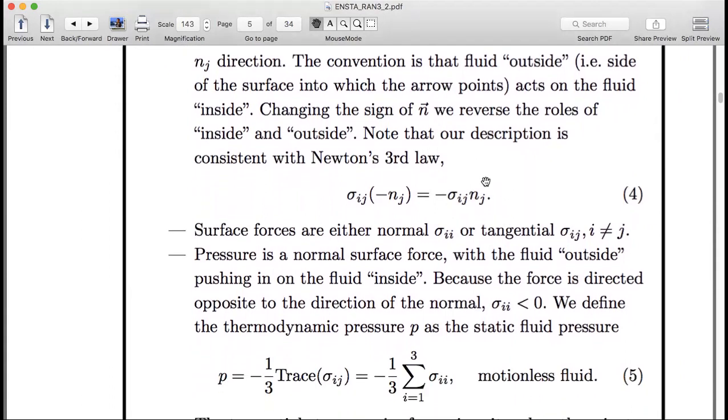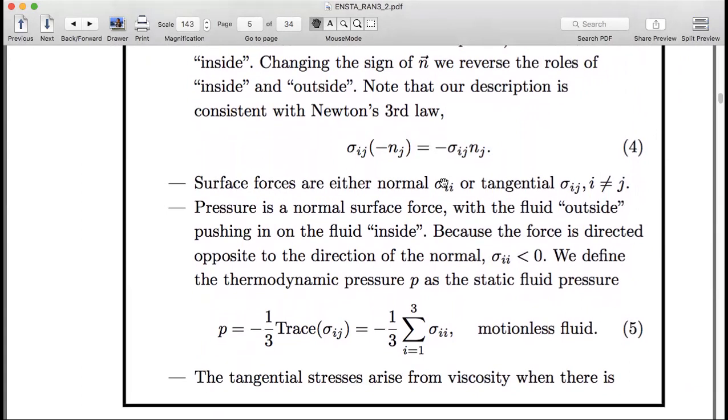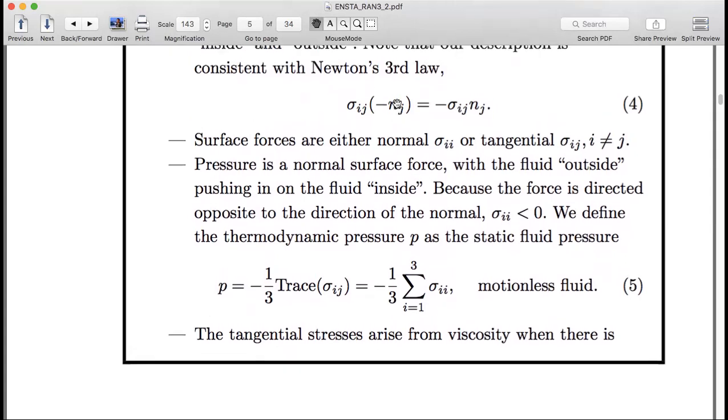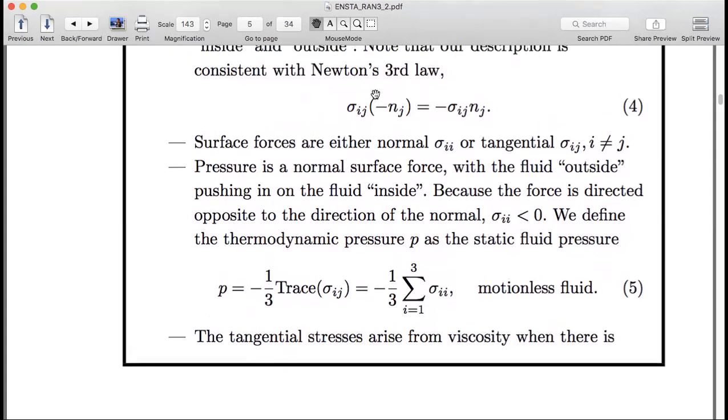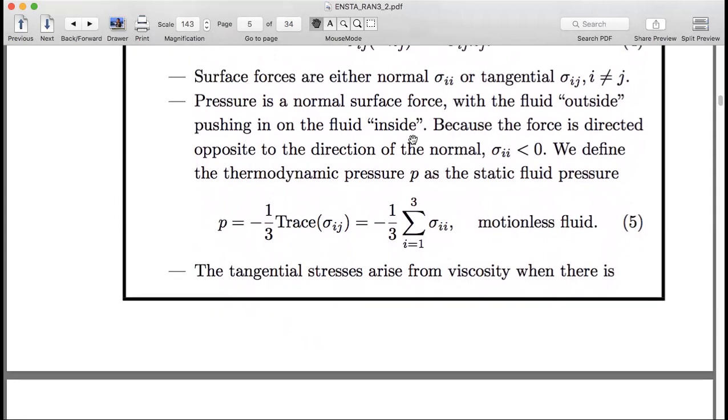Our description was consistent with Newton's third law. So if we change the sign of the normal, it's the same as changing the sign of the force. It's not immediately obvious that that's true, but if you accept that it's true, you can convince yourself that it's consistent with Newton's third law.